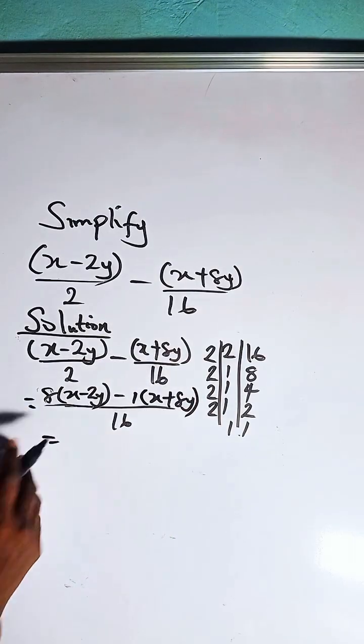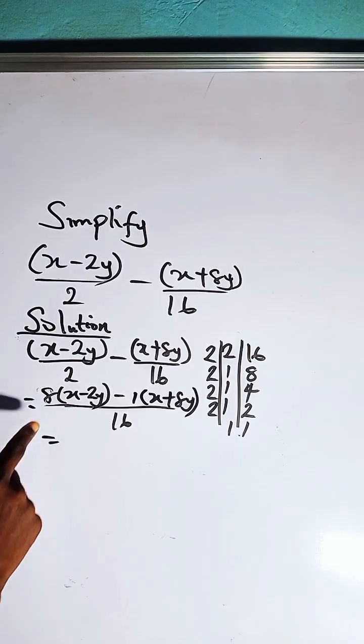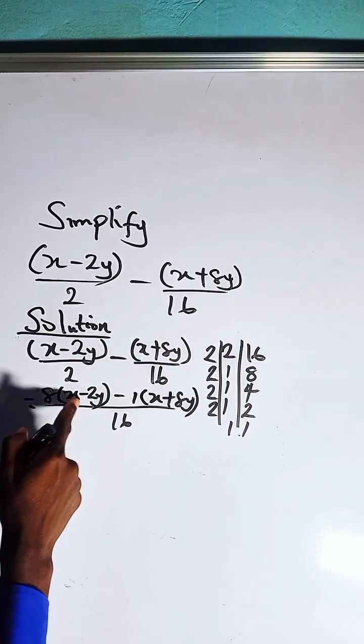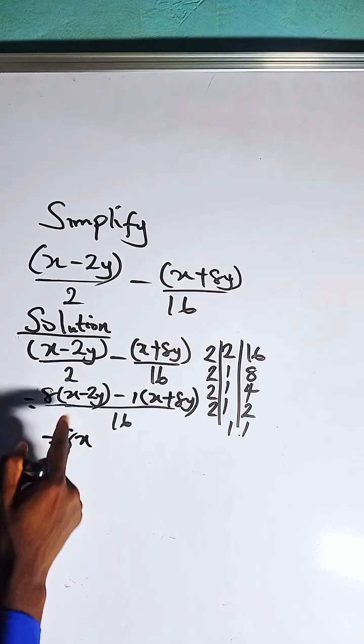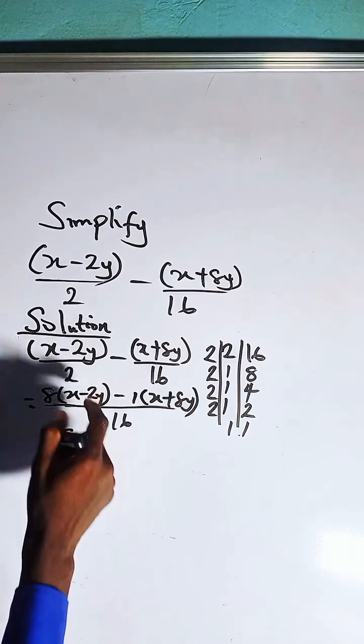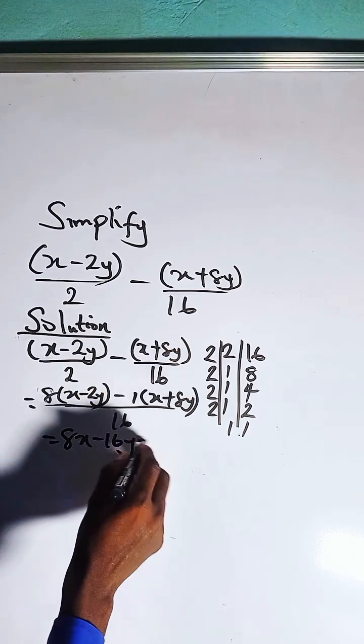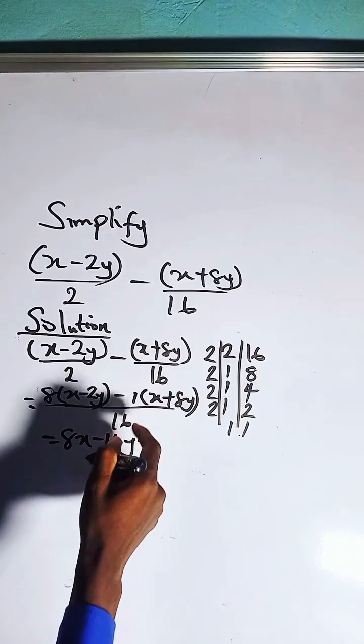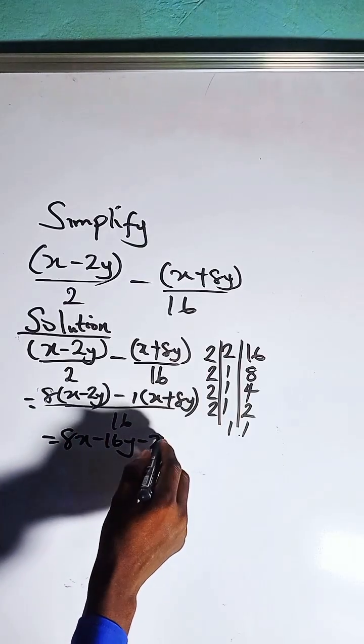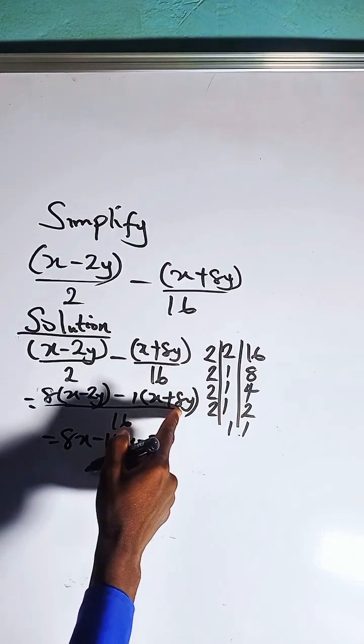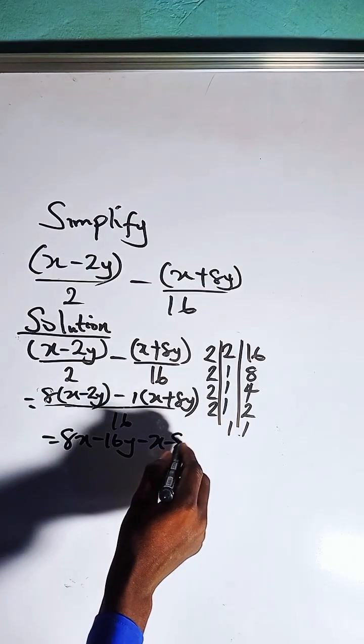Now let's distribute. 8 times x is 8x, minus 8 times 2y is 16y, minus 1 times x is minus x, minus 1 times plus 8y is minus 8y.